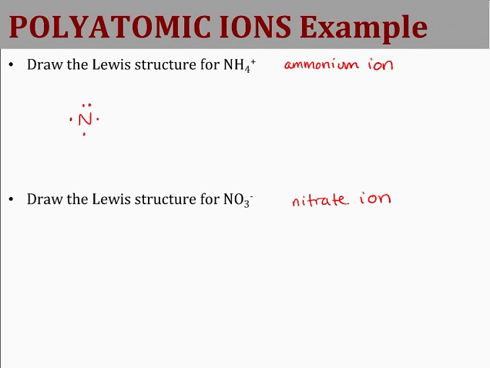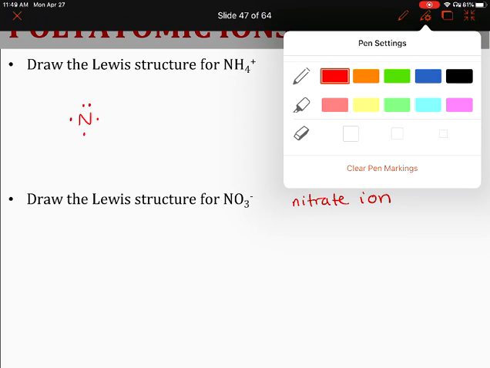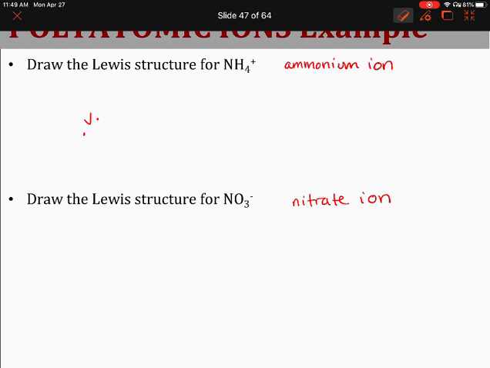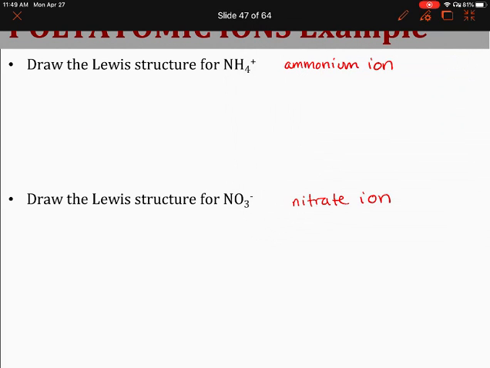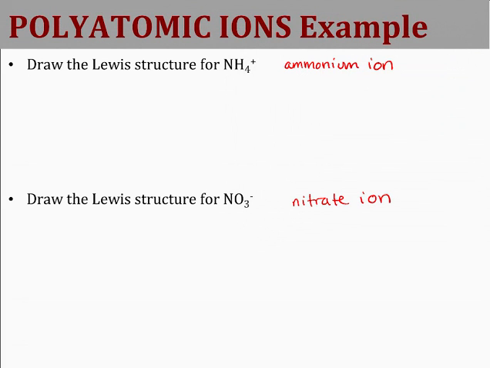So nitrogen can make 3 bonds potentially, and actually it can make more than that, which we'll see in a second. So nitrogen should go in the middle for this particular structure. But also, I mentioned that whichever atom is by itself will go in the middle, and nitrogen is by itself. So we'll put nitrogen in the middle, and then we'll surround it with the 4 hydrogens.